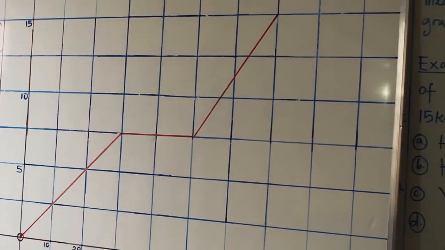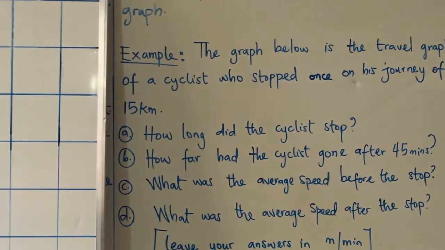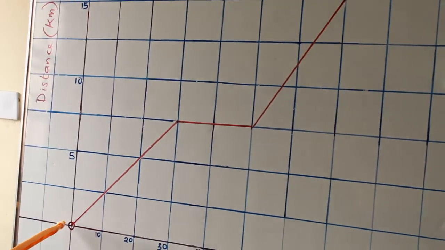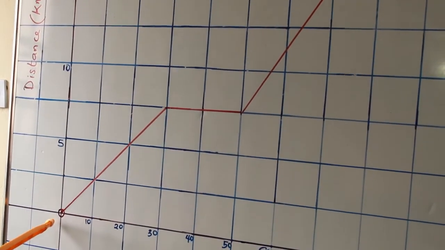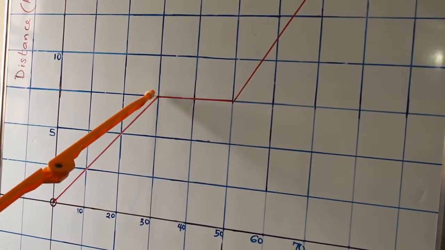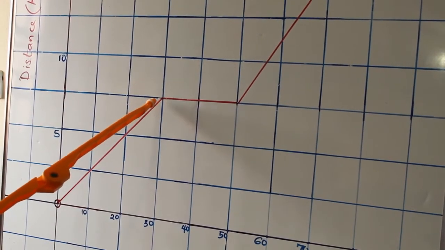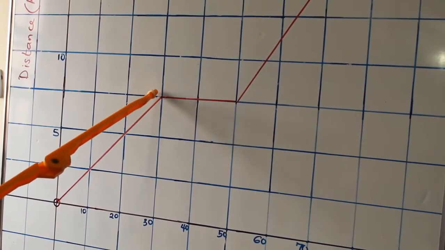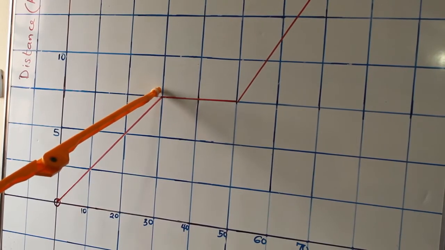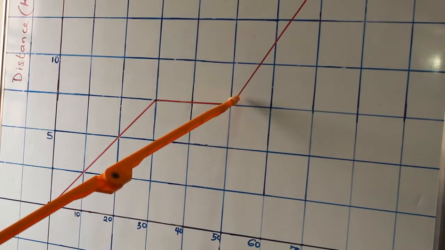Now to that question, how long did the cyclist stop? If you look at the graph, you would see that he started from rest, 0 time and 0 distance, and he continued on a uniform motion, uniform speed, until the point where he stopped. And at that point, he remained at the same distance for some time.